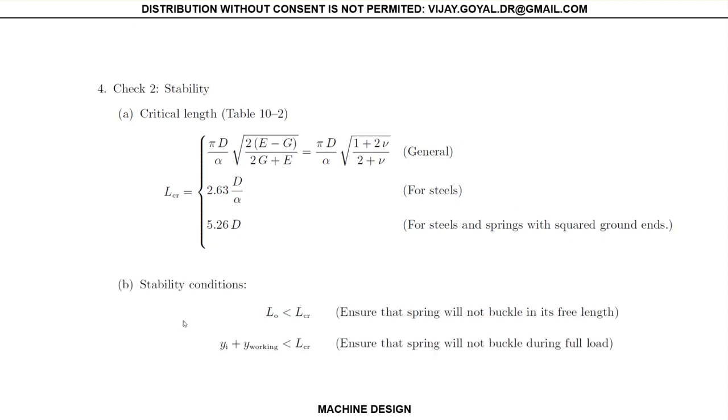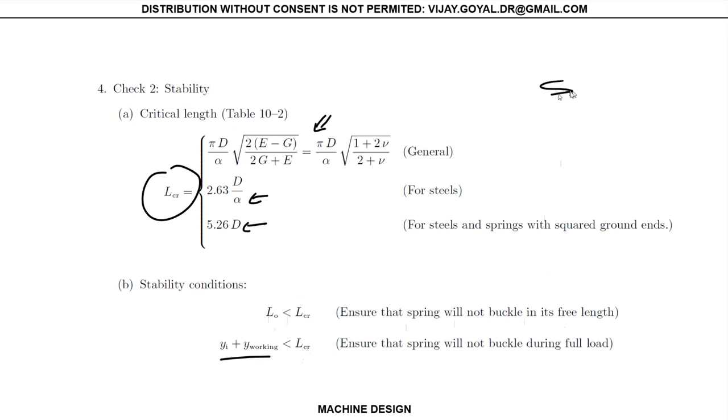So what do we do with this analysis? Once we find the L critical, depending on whether you can use this, or this, or have to use this one, you make sure L sub 0 is less than L critical, and your L initial plus working is less than L critical. This one ensures that it's not going to buckle at free length.